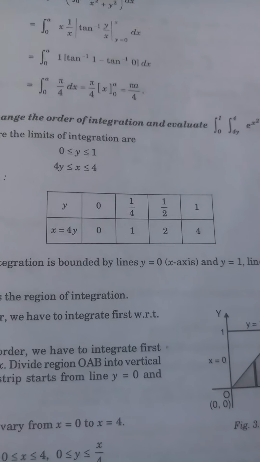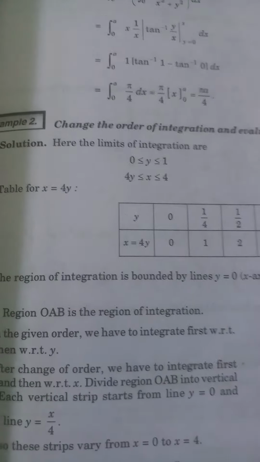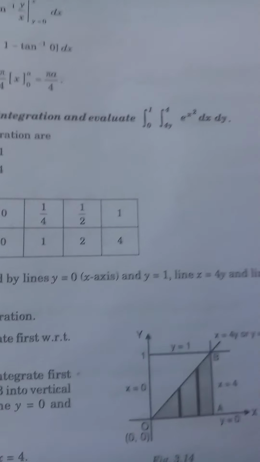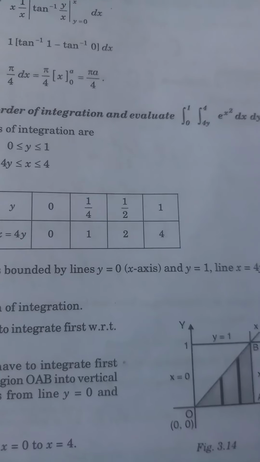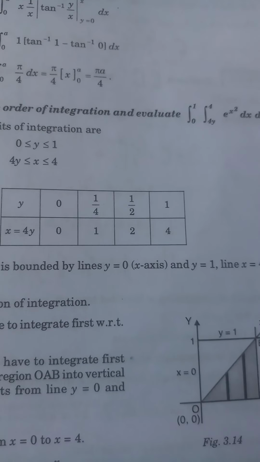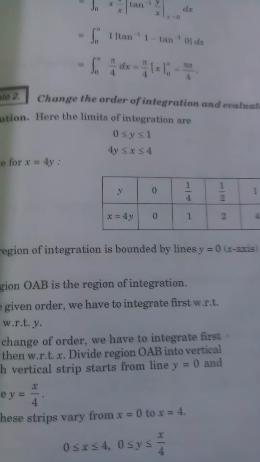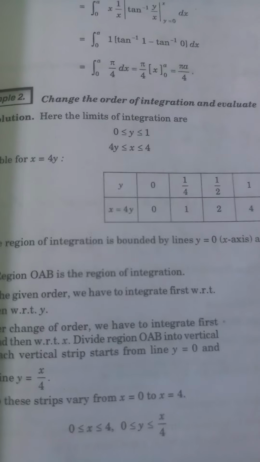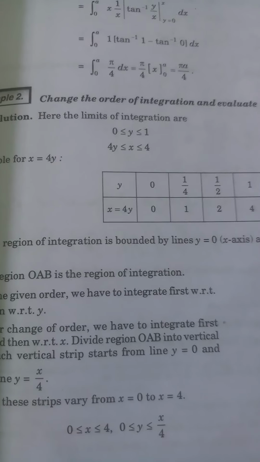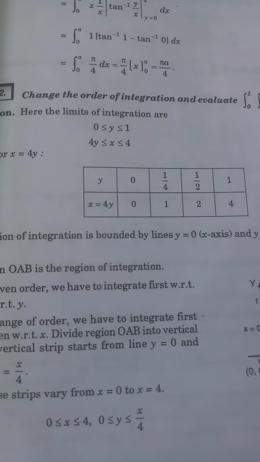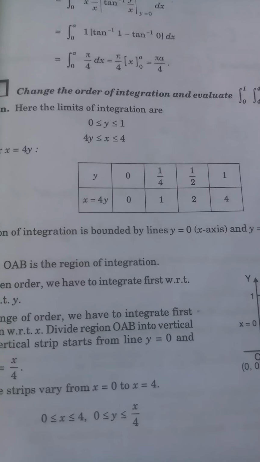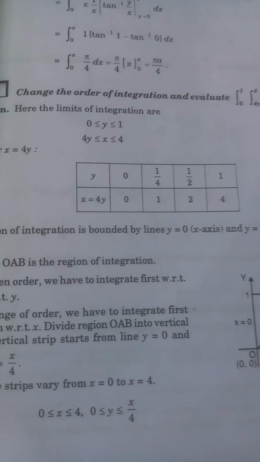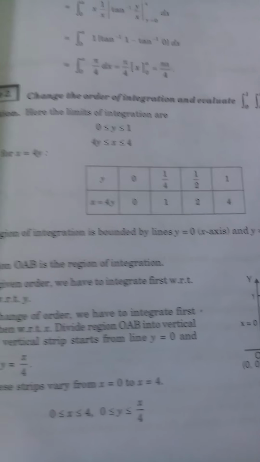Here the limits of integration are 0 ≤ y ≤ 1 and x lies between 4y and 4. The variation of y is 0 to 1 and the variation of x is 4y to 4. Now the table for x = 4y, taking y from 0 to 1. When y is 0, x is 0; when y is 1, x is 4.